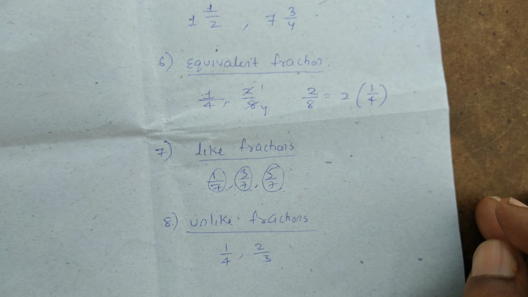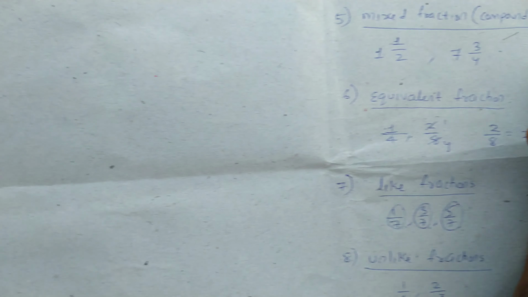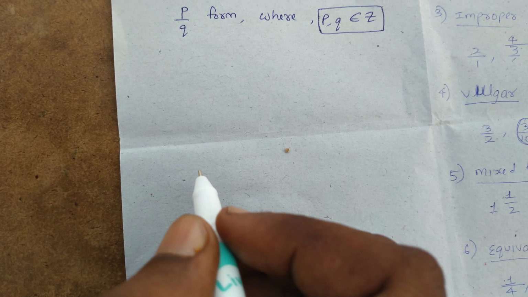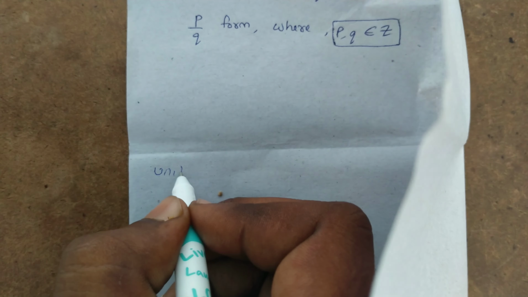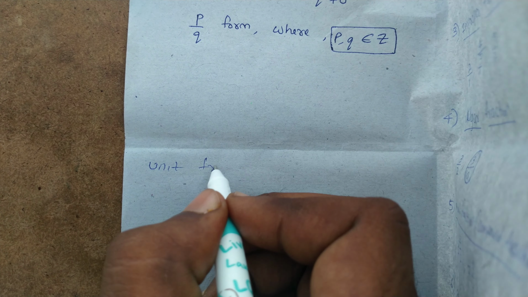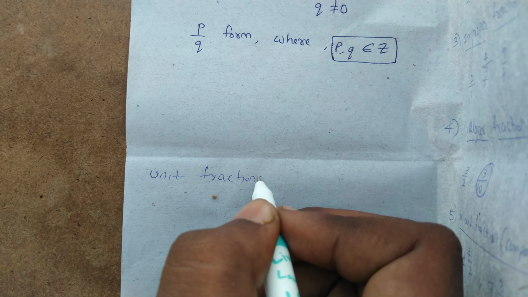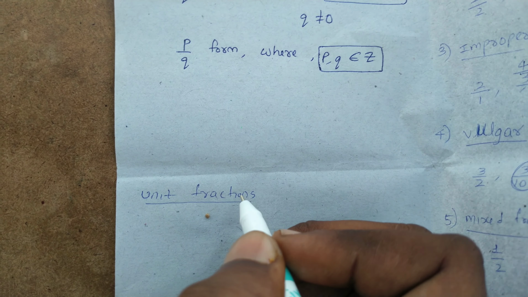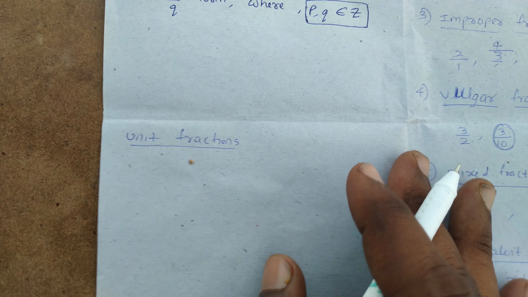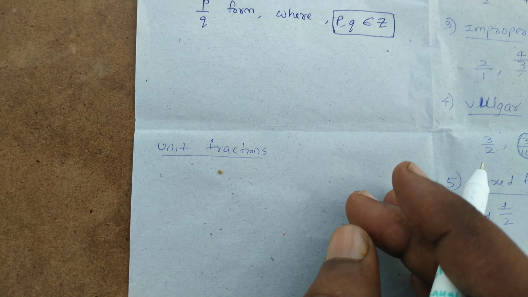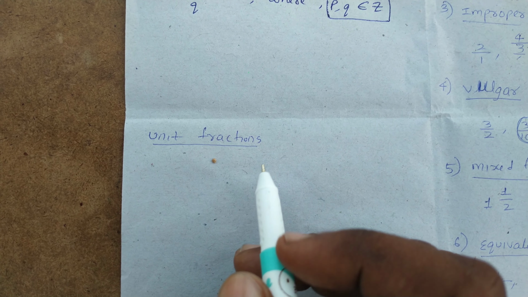Able to understand? The last two fractions are unit fractions. What are unit fractions? Unit fractions are those which have 1 as the numerator.